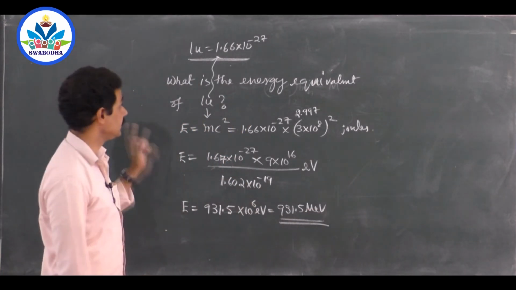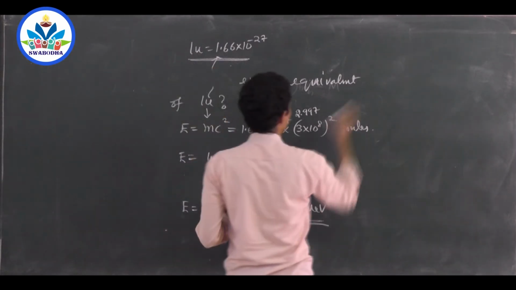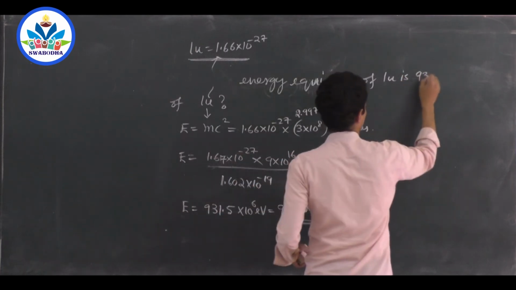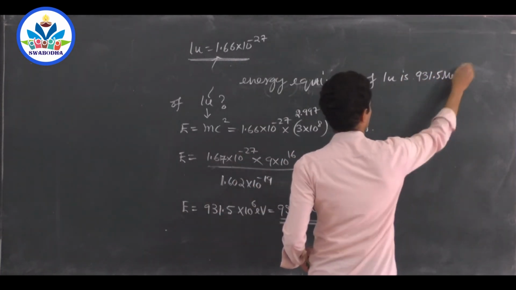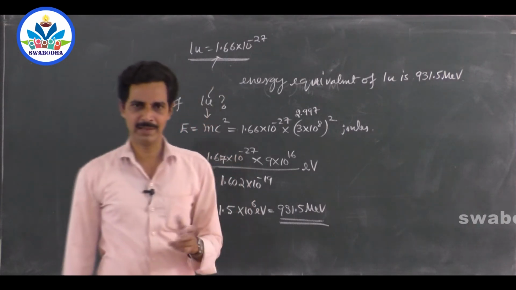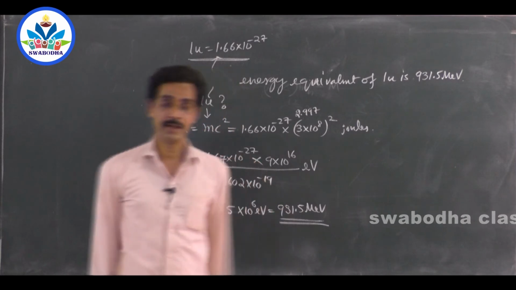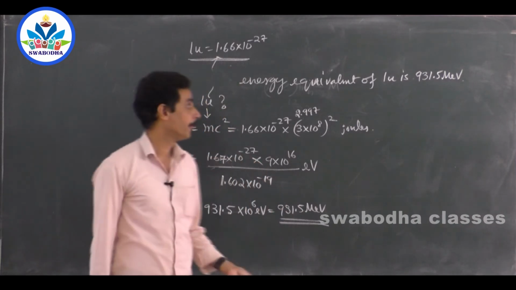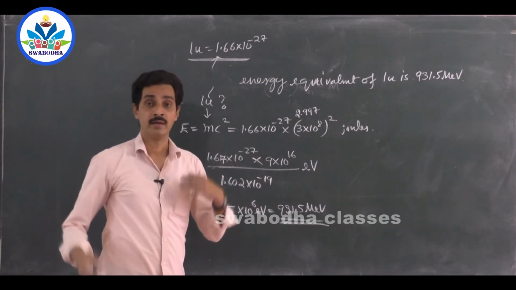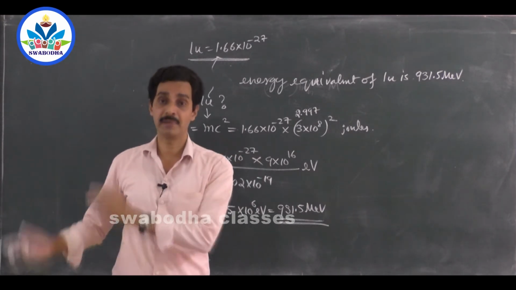So the energy equivalent of one atomic mass unit is 931.5 million electron volt. This relation, not a formula, it is exactly not a formula, helps us to find out the energy equivalent of any mass defect given in the form of atomic mass unit.